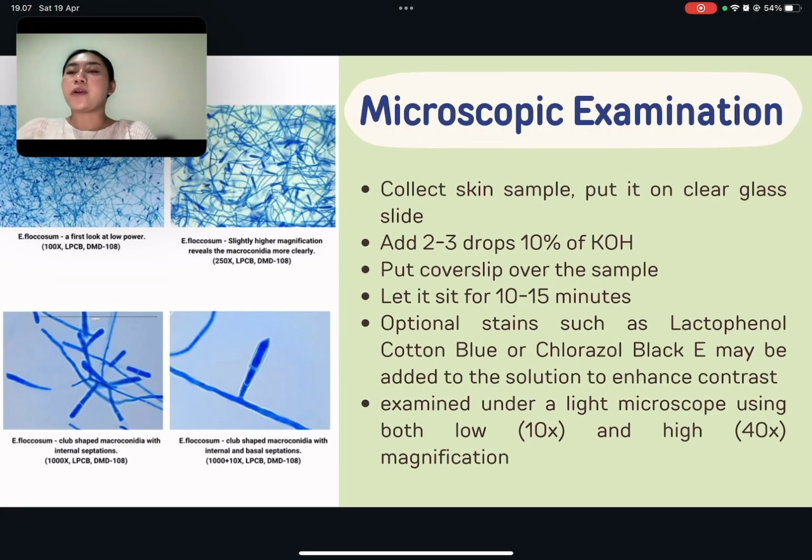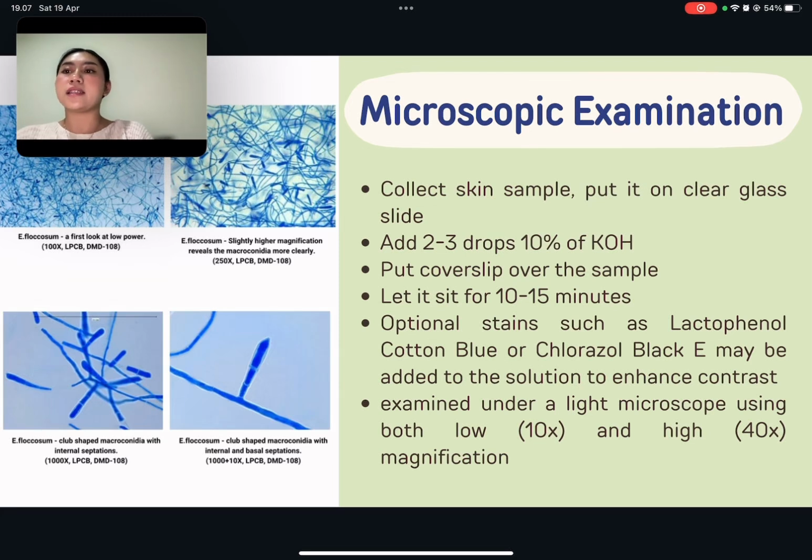Okay, so for microscopic examination, these are the steps. First, you collect the skin sample. You can use the skin scraping or the tape one.